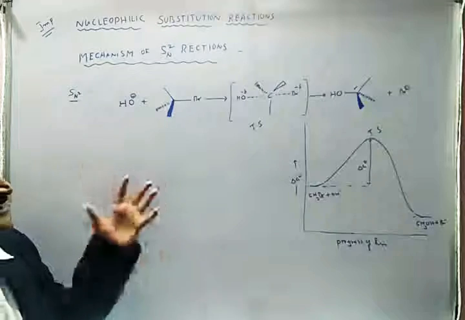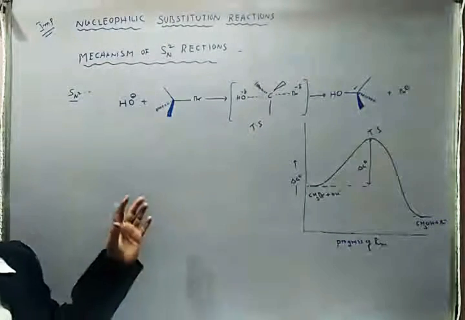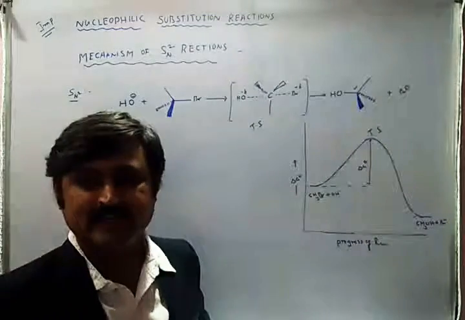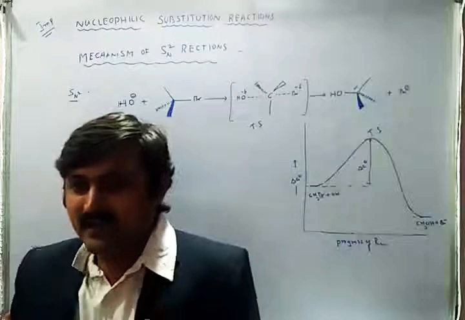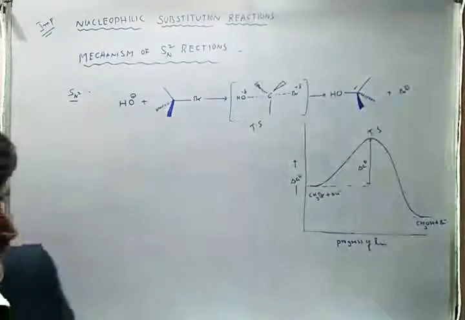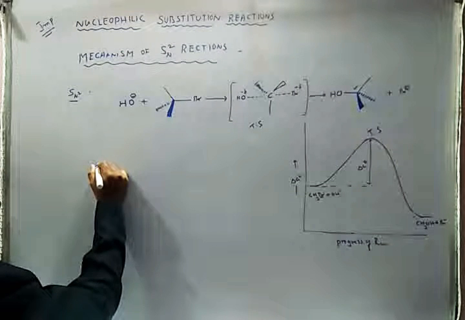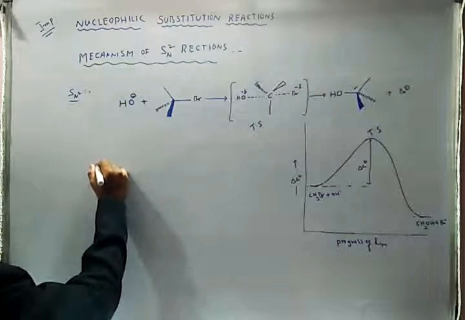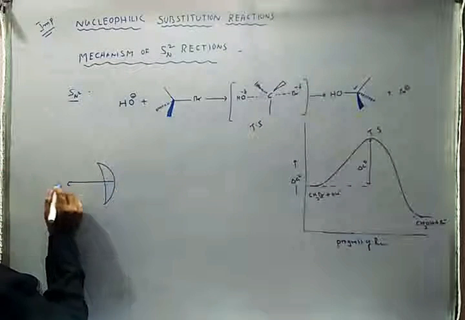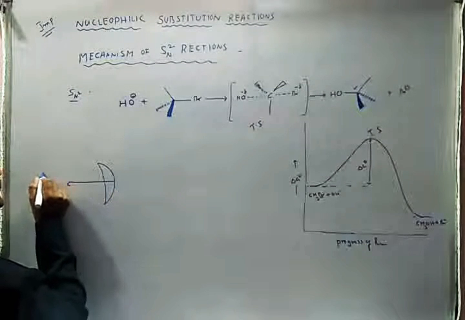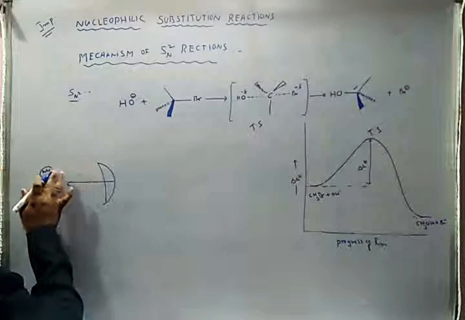So the best way of visualizing this movement of the groups bonded to the carbon at which substitution occurs is to picture an umbrella that turns inside out. For example, if you take an umbrella like this, that umbrella turns inside out. If a nucleophile comes like this, what will happen?